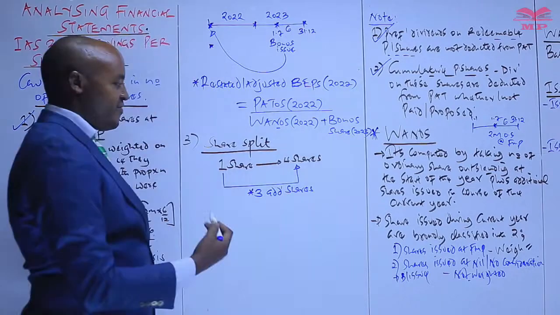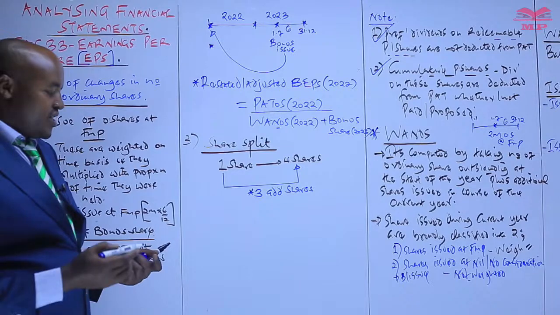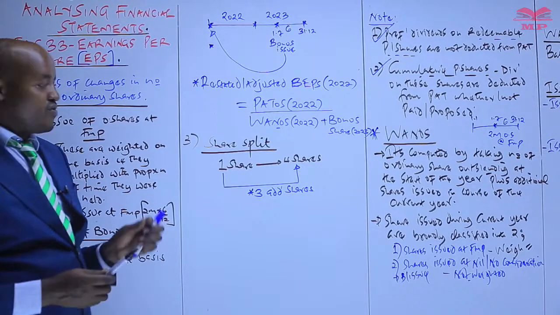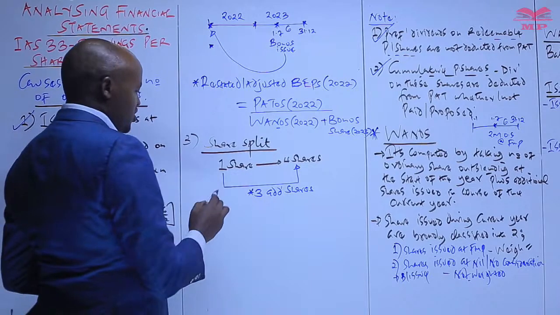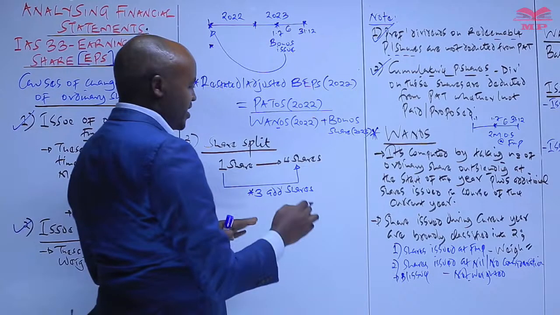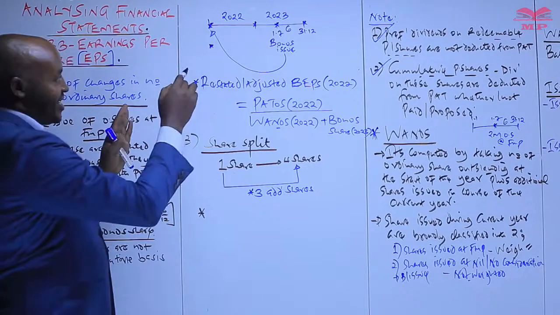In other terms, you can say these are like additional shares which will be issued to you free of charge as a result of what? The share split. And therefore, the additional shares which are issued by the company as a result of the share split, they are treated as an equivalent of the bonus shares.